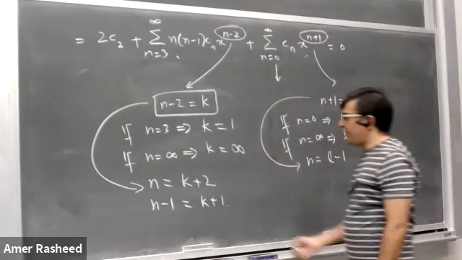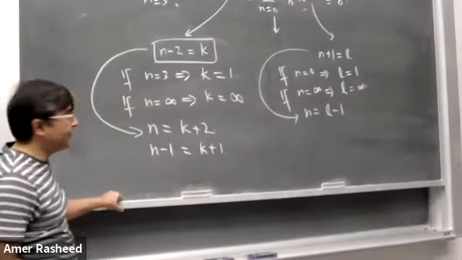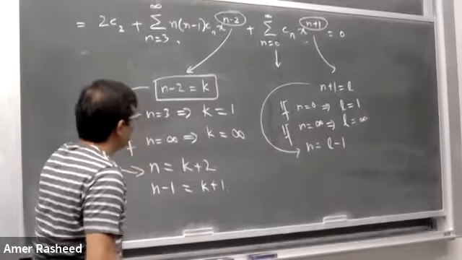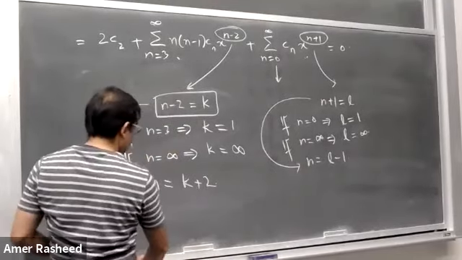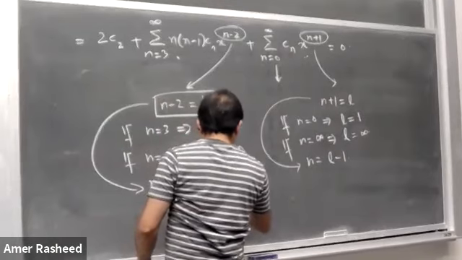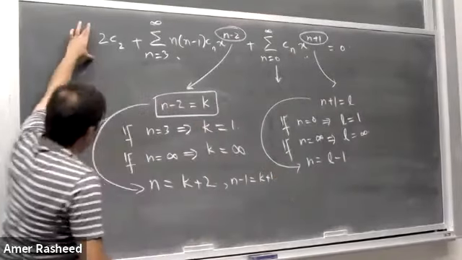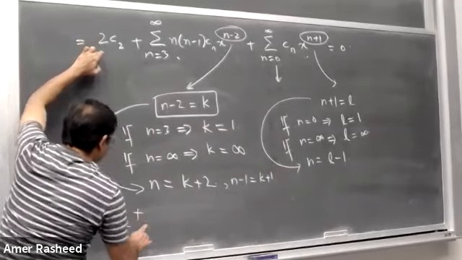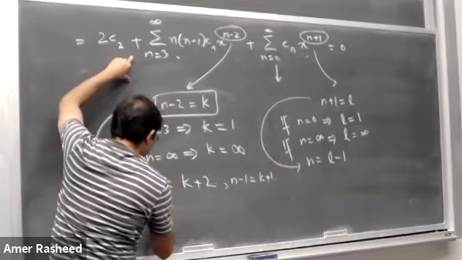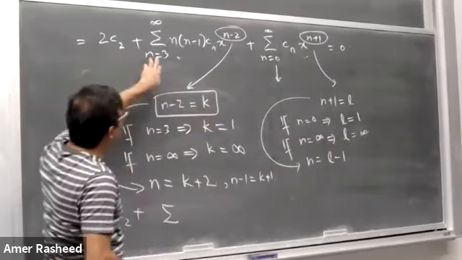Now we substitute these things into that series. n is k plus 2, and n minus 1 is k plus 1. Now we write it again. The first term will remain the same, 2c2, plus the summation where n is converted into k.